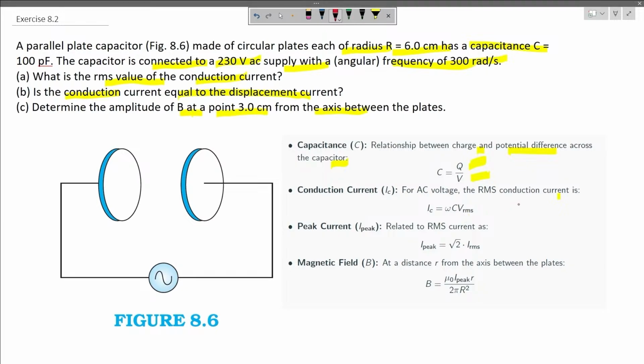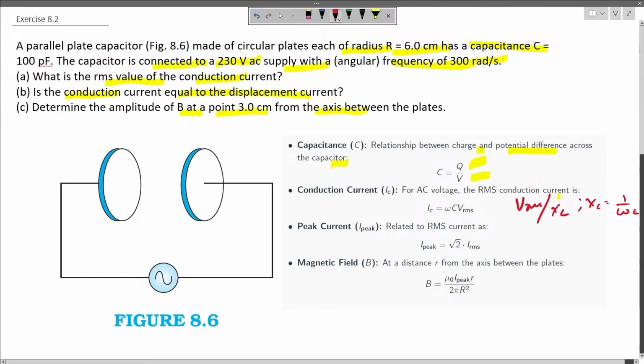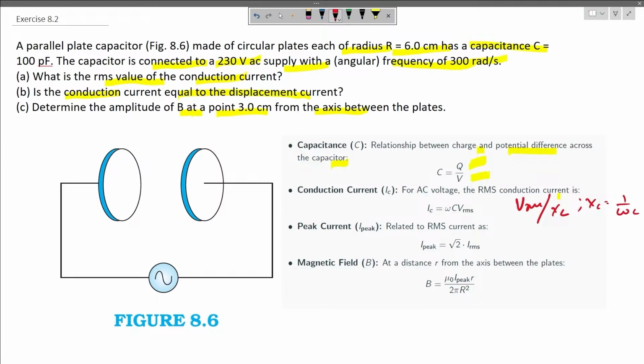It comes from V RMS divided by the impedance X_C, and we know that X_C for the capacitor is 1 by omega C. So we get the conduction current as omega C V RMS, and the peak current is related to the RMS current as I peak equals root 2 I RMS. The magnetic field at a distance r from the axis between the plates is mu naught I peak r by 2 pi R square, where r is the distance of the point from the axis of the plate, and capital R is the radius of each circular plate.